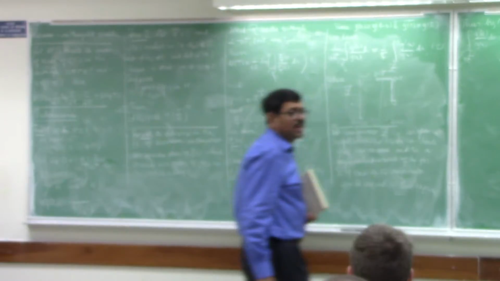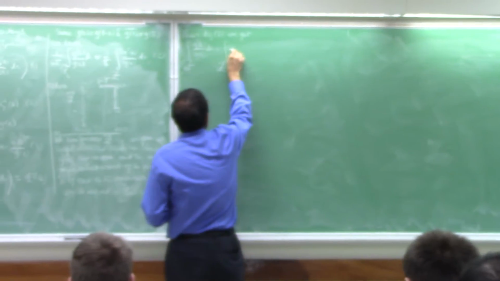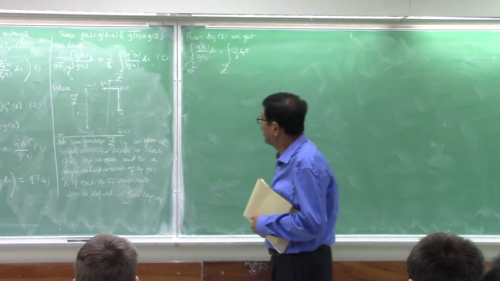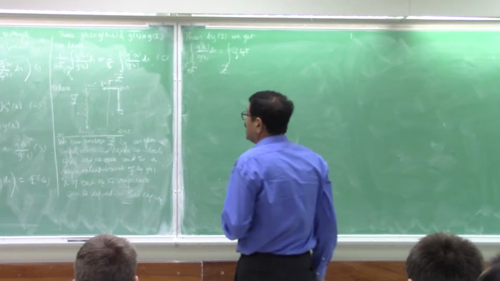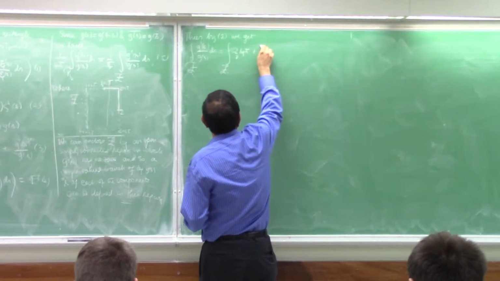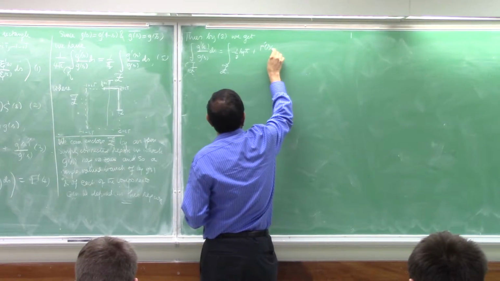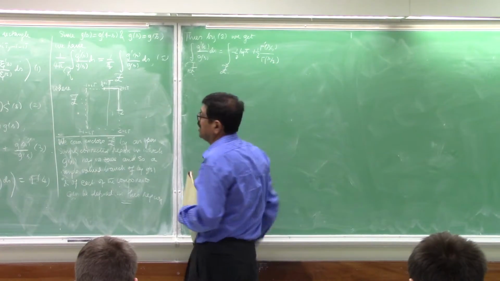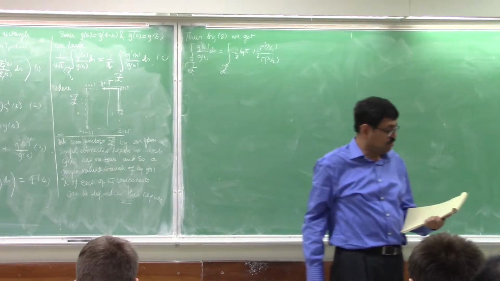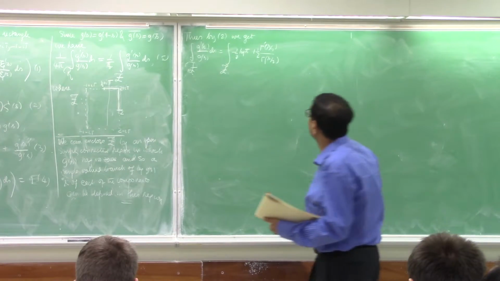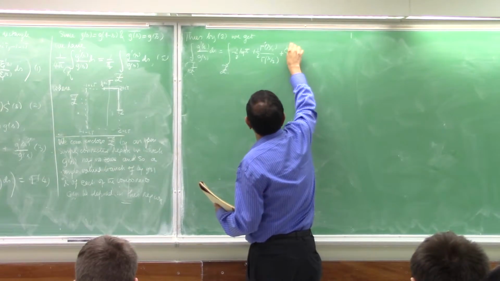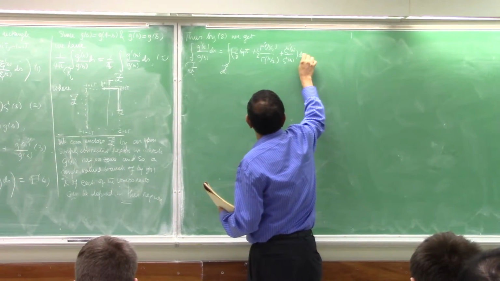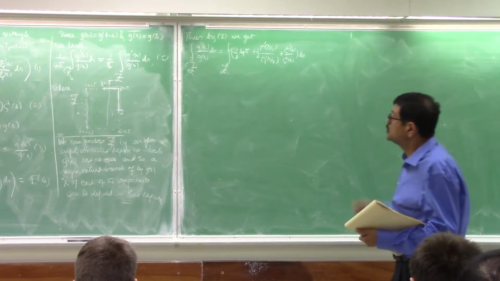So when I differentiate, I get minus half log pi. Okay? Then here I get plus gamma prime of s over 2 over gamma of s over 2, and then I have to put another half there because of the s over 2 by the chain rule. And then I have zeta prime of s over zeta of s ds. So that's what I get.